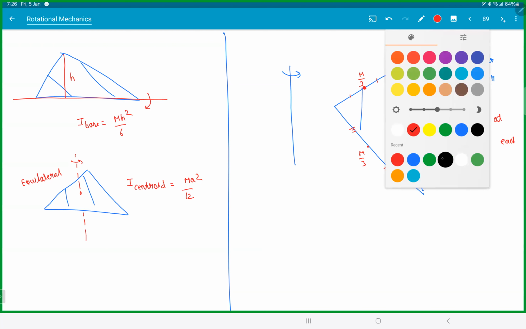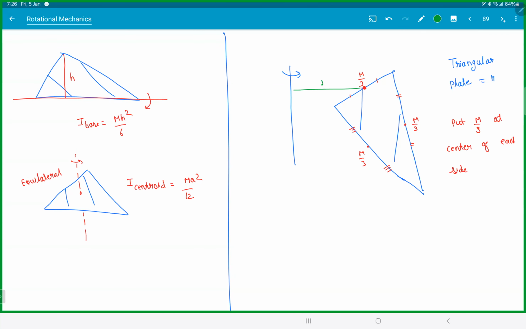And now if you take these distances, let's say this is R1, this is R2, and this is R3. The moment of inertia of this plate is m by 3 R1 square, m by 3 R2 square, and m by 3 R3 square. Just remember, it's not that important, but just in case.